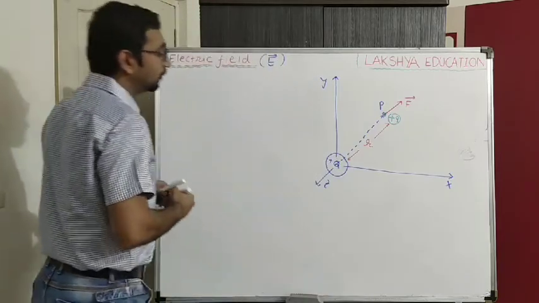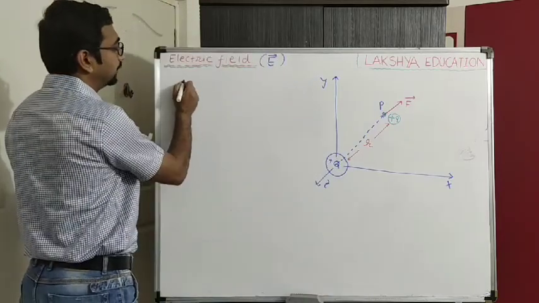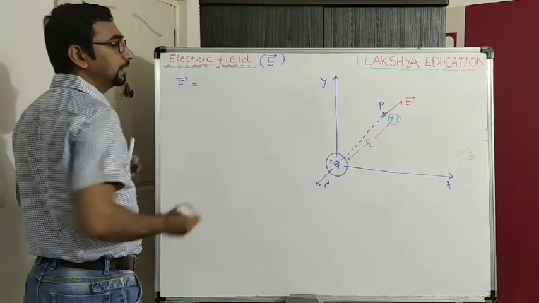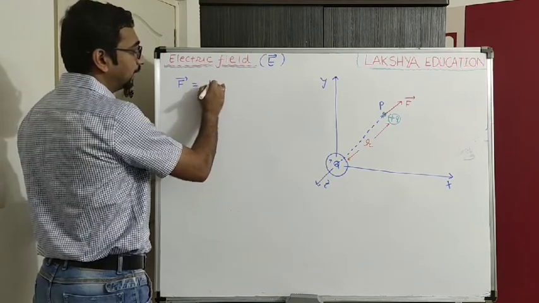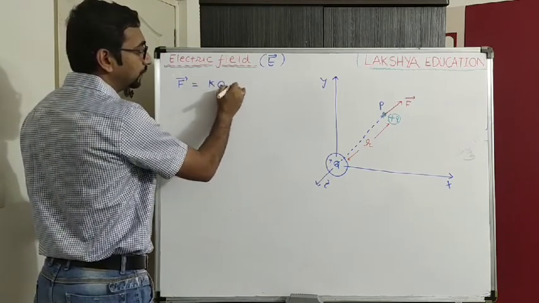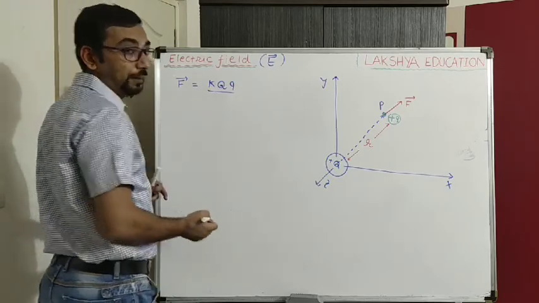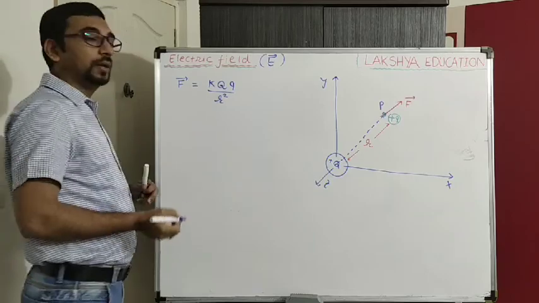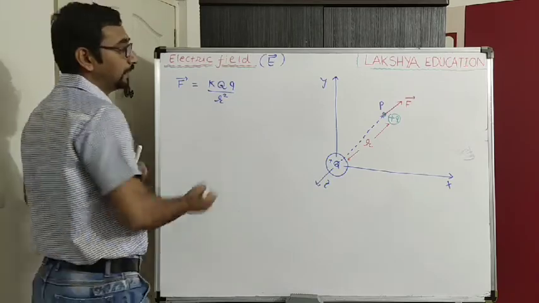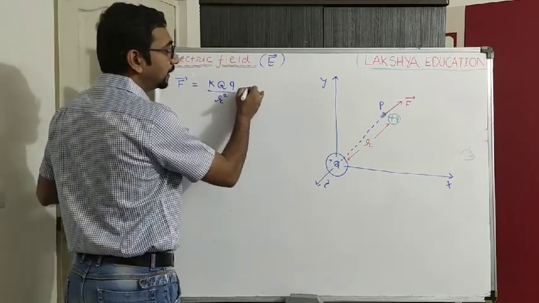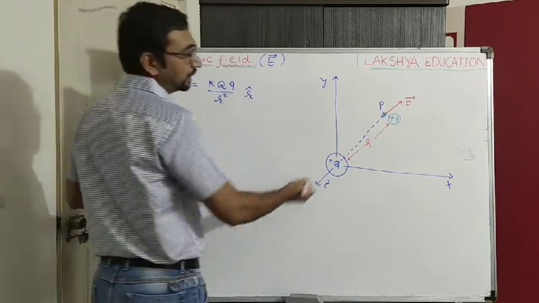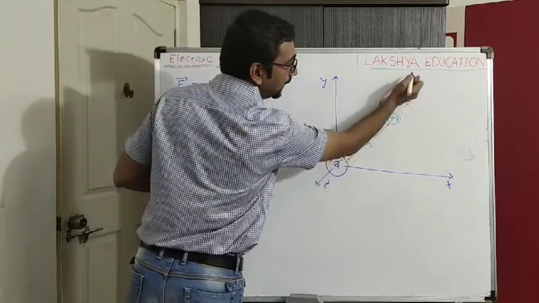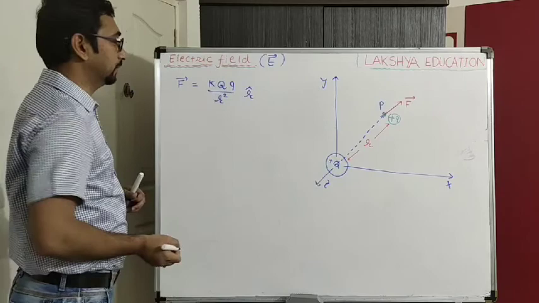So the force acting on it, F is equal to K capital Q small q upon the square of this distance, according to Coulomb's law. Direction is represented by a unit vector, which is the unit vector in the outward direction.